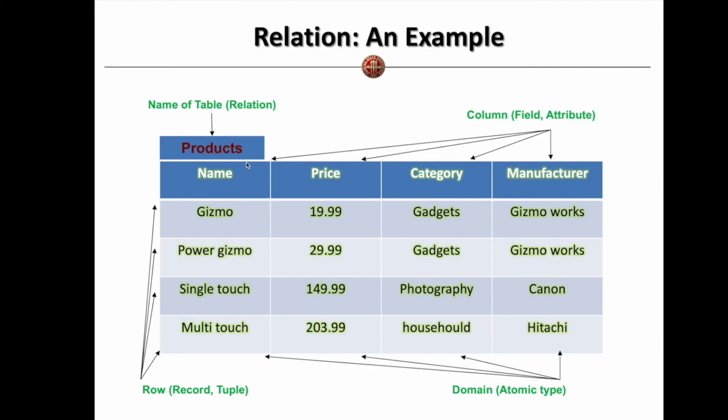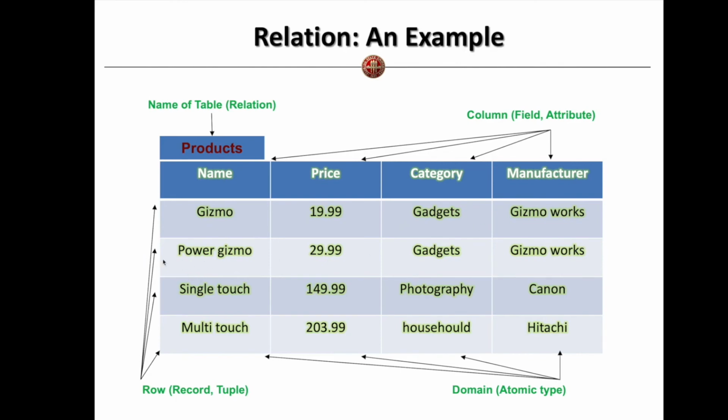The name is the name of the product. The price is 19.99. The category is gadgets. The manufacturer is Gizmo Works, right? So this is one product. These entries denote the attributes of this product: the name, the price, the category, and the manufacturer. And the second row will be another product.